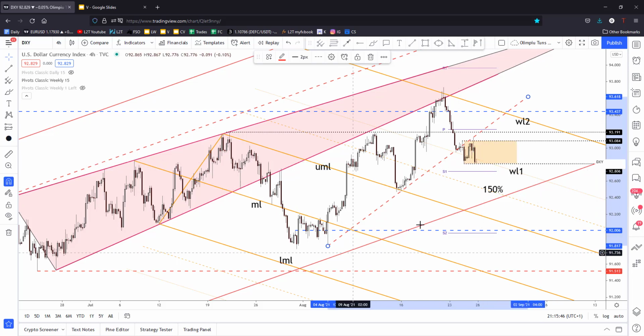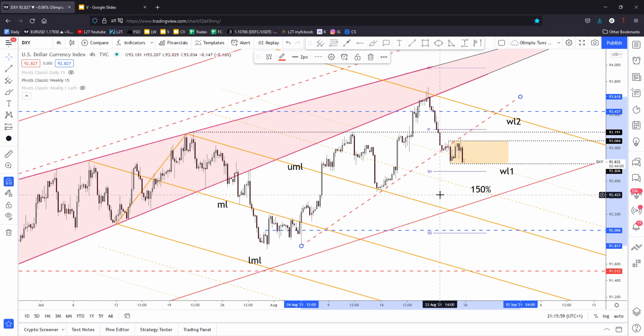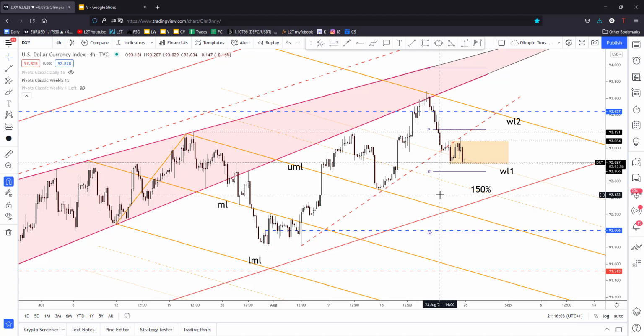I've told you towards this lower medium line of the major ascending pitchfork, towards again the 150% Fibonacci line, or even lower, guys. So it is important for you to understand that the price of the US dollar could depreciate versus its rivals in the short term. We can look for shorts on the US dollar versus its rivals.